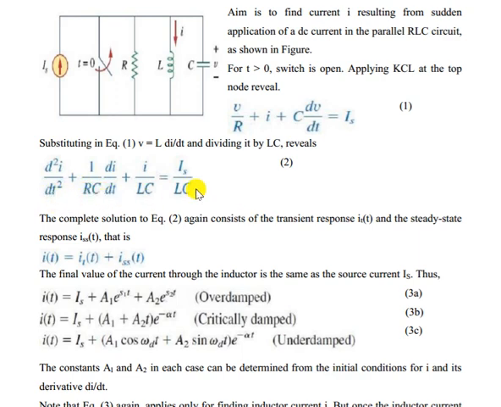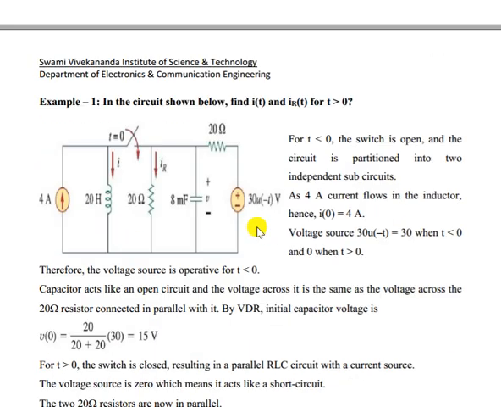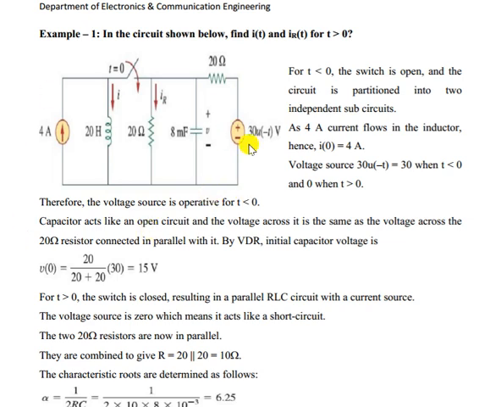If we solve it, you will get the characteristic equation. So for source free and step response, the values of alpha and omega 0 are the same. Now for this circuit, what you can observe is that the switch is closed at t equal to 0, going down. So at t less than 0, the switch is open.